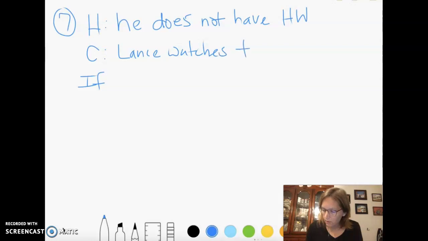watches TV. Now I have to write the third step of my directions. Write it as an if-then statement. If, my hypothesis, he does not have homework, really struggling here. I'll get it.